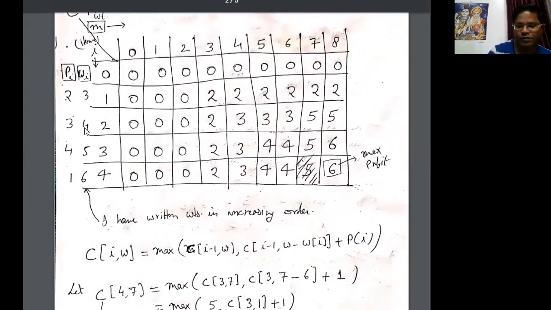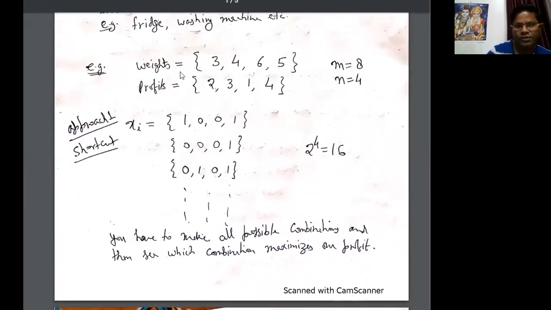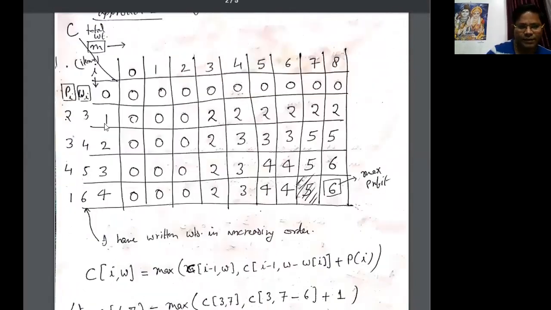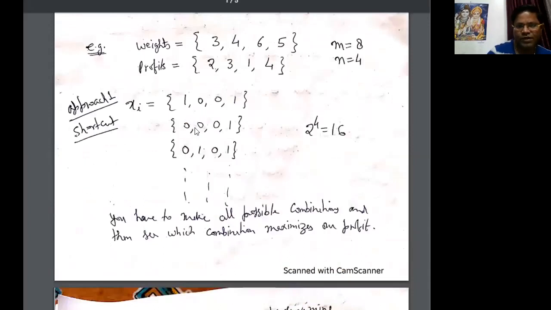Since the weights were not in ascending order, I am placing them in ascending order. After weight 3, weight 4 comes, and then weight 5 and weight 6 come. So we are just sorting the weights in ascending order. The items of weight 3 and 4 are in the same order, but 6 and 5 are in reverse order.